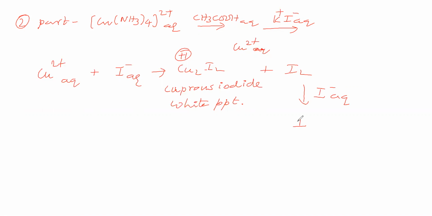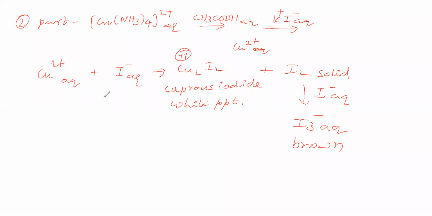This solid I2 dissolves in I minus solution due to formation of the I3 minus complex, which is brown colored. Now, this white precipitate is present in the brown colored solution. This is the result of this test.